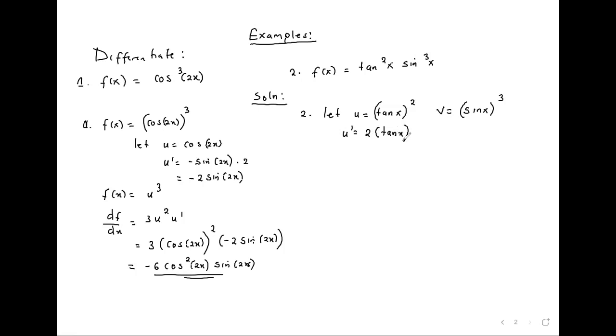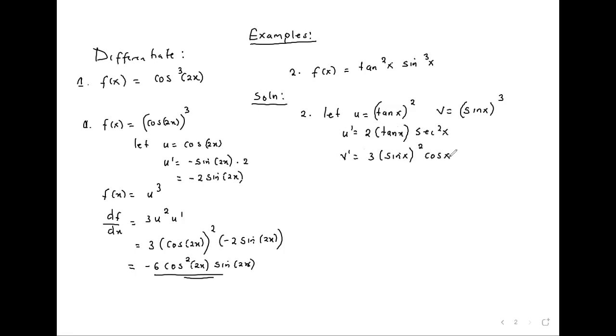The power now becomes 1. Then differentiate the inside. Derivative of tan x is sec squared x. What about v prime? We first drop 3. We have sin x, reduce 3 to 2, multiplied by the derivative of sine, which is cos x.